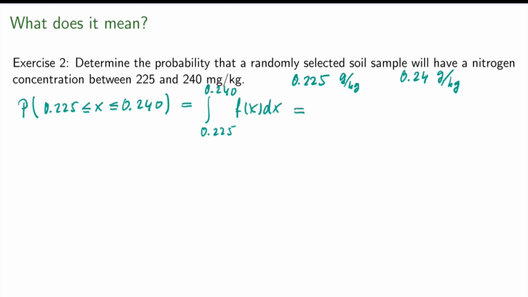We have to integrate this function again, so I sub in the 192x times (a half minus x) squared, and I do the same integration I just did. I follow it to the step where I found the antiderivative, x squared over 8 minus x cubed over 3 plus x to the 4 over 4, but now between 0.225 and 0.240.